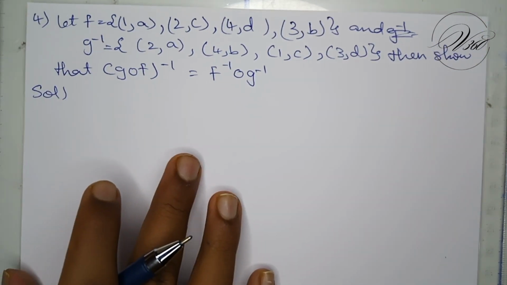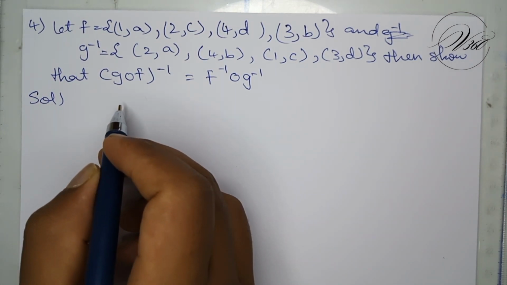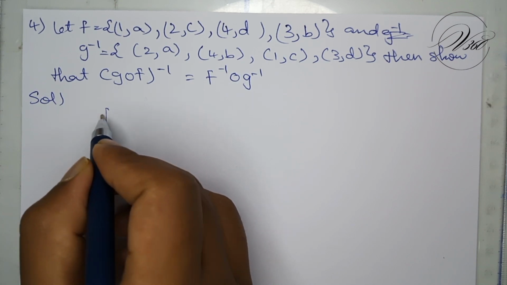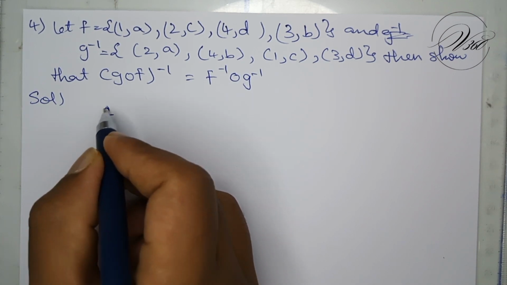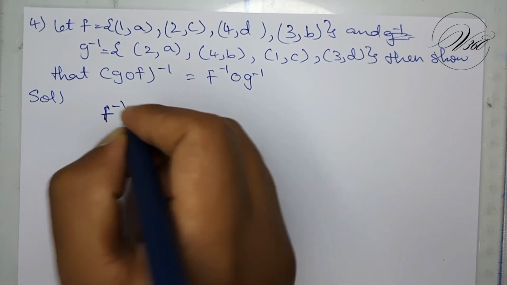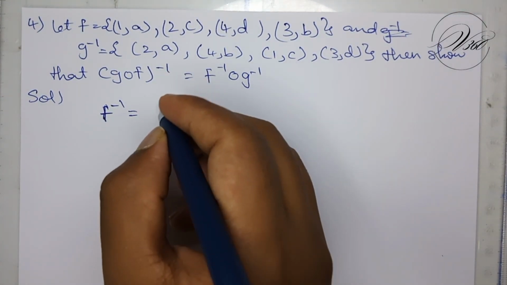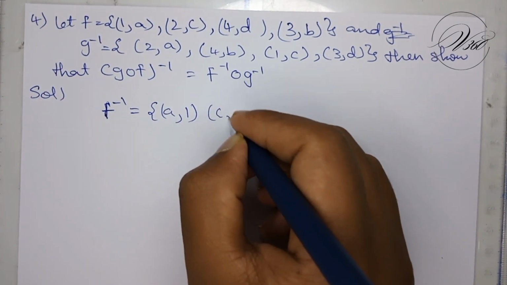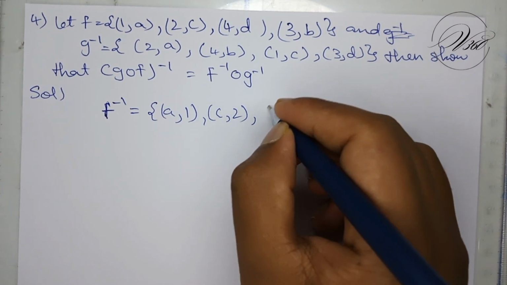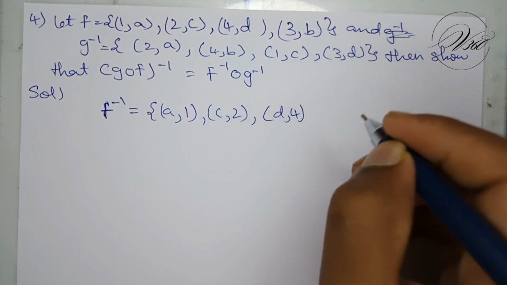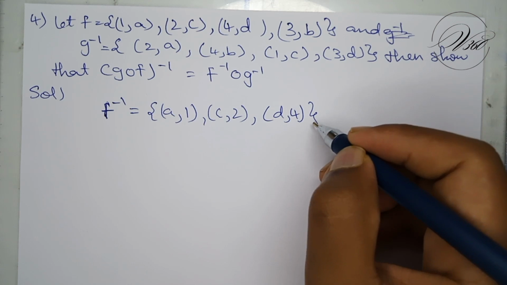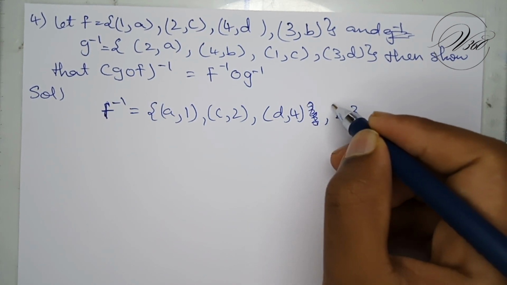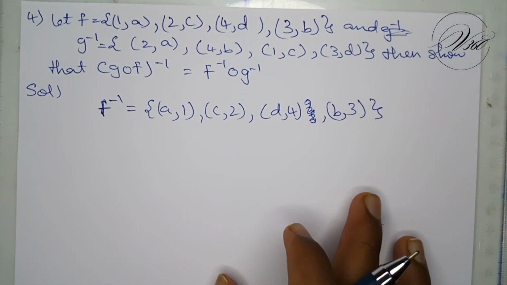First of all, we will convert f to f inverse and g inverse to g. f inverse is a comma 1, c comma 2, d comma 4, sorry, it is a mistake, and there is another b comma 3, and then it is the end of f inverse.